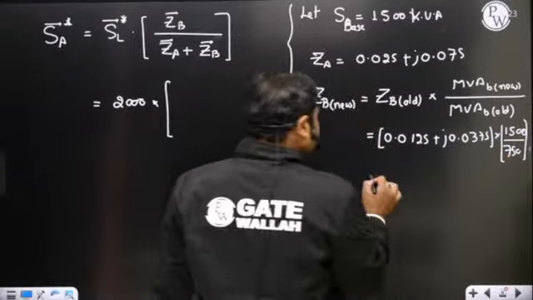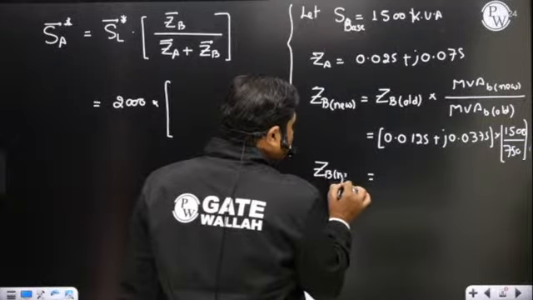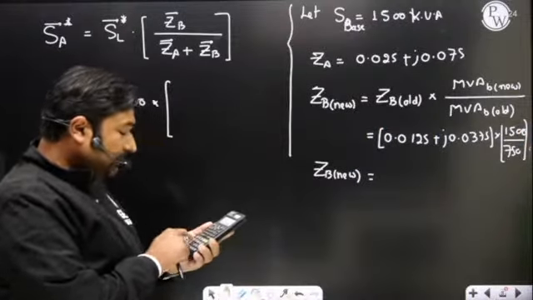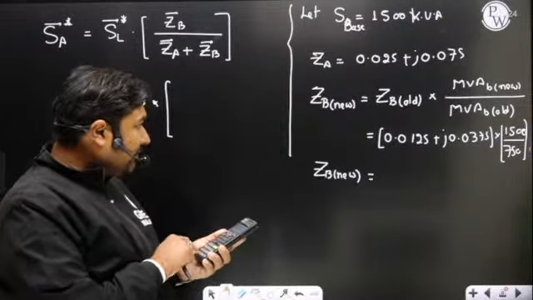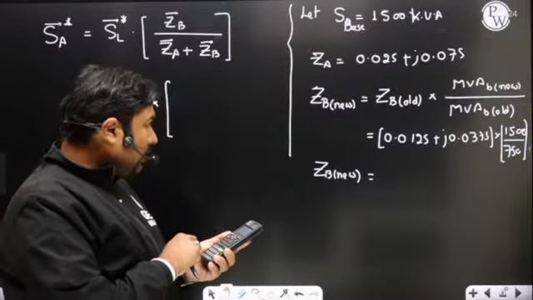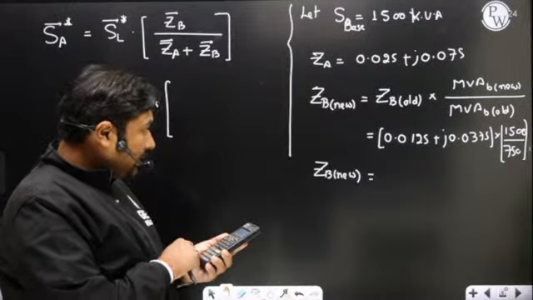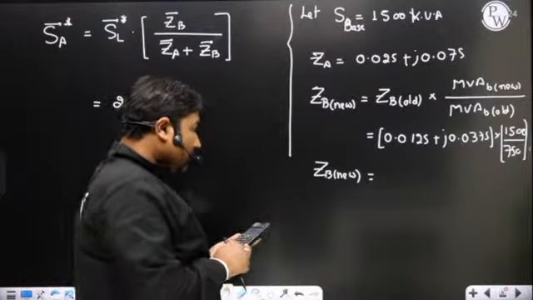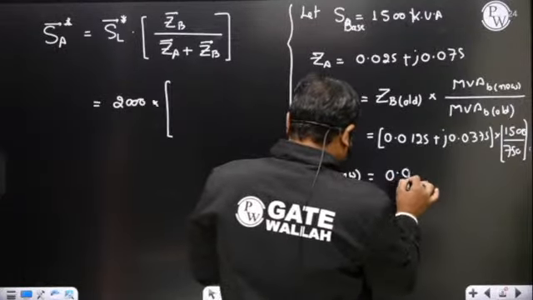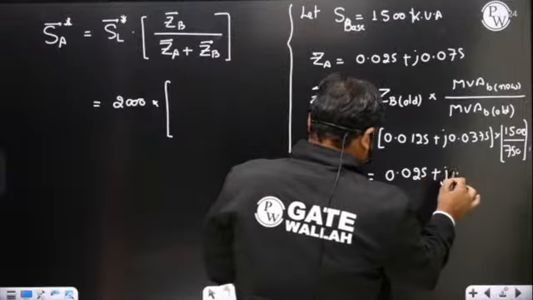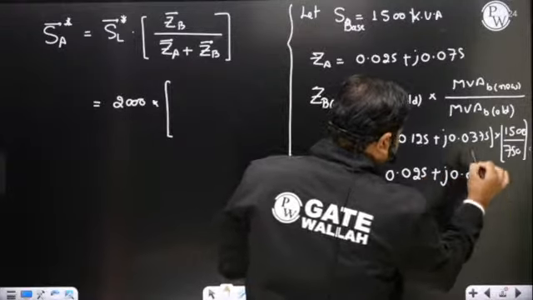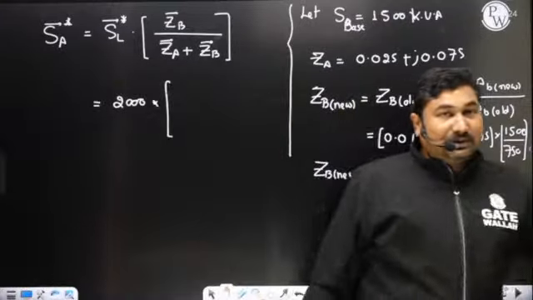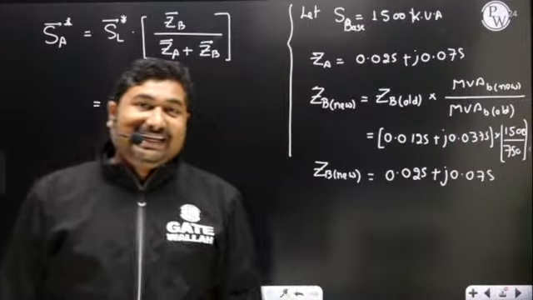So you can easily calculate ZB on new base. It becomes 1500 by 750 into 0.0125 plus j 0.0375, so this will be 0.025 plus j 0.075. Now if you observe, both ZA and ZB are going to be equal.